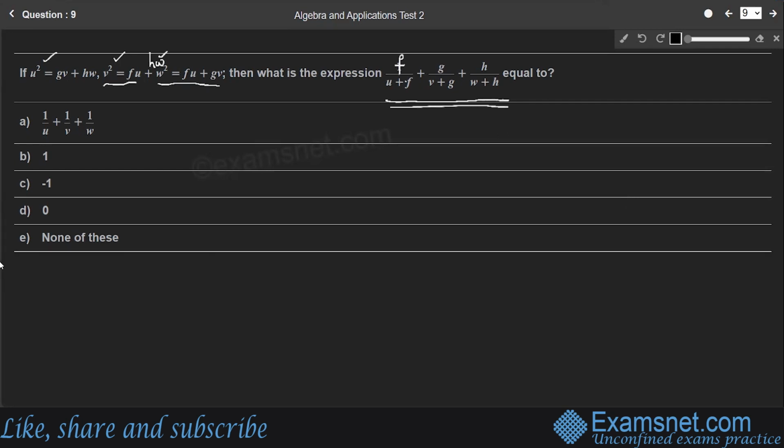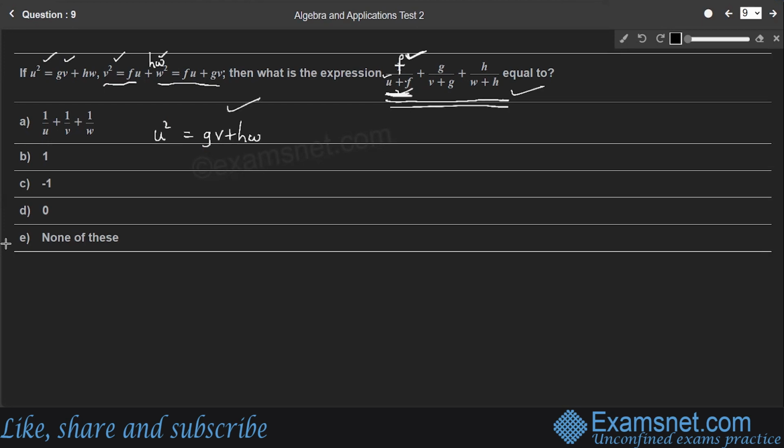Right. So for that, let us consider the first equation, which is u square is equal to gv plus hw. Look at the expression whose value we need to find out. Consider the denominator of f by u plus f, in which we have two terms u and f. To get u plus f as denominator, let us add u into f to both LHS and RHS.